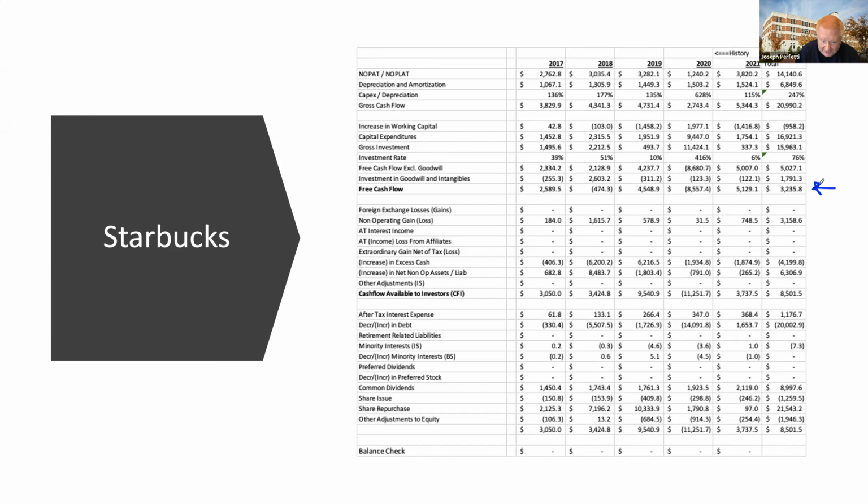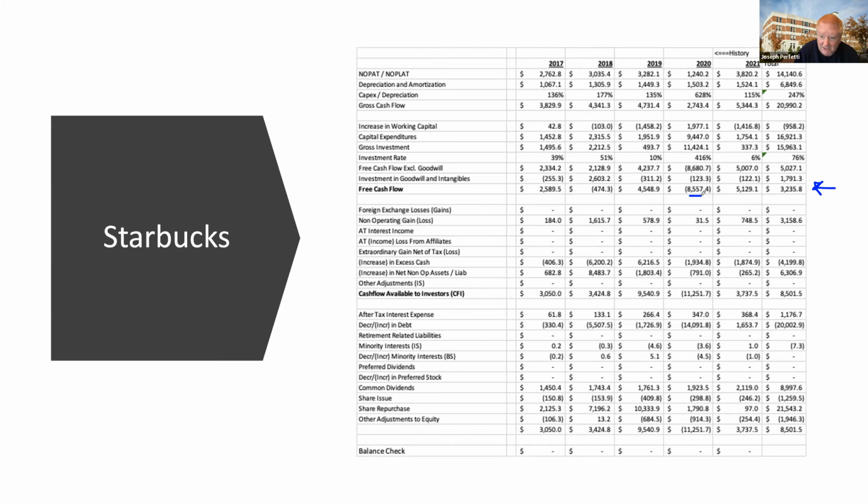So the rest of the sections of the CFI should be where the 3.2 billion gets spent. If free cash flow is negative, for example, in 2020, it was negative 8.5 billion, that means they spent more cash than they made.